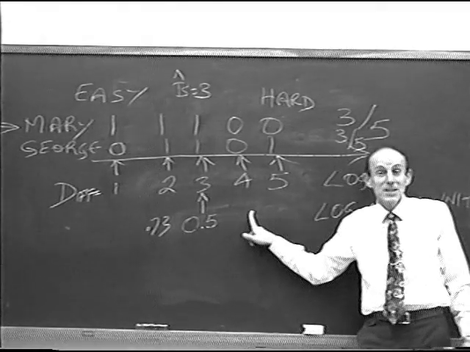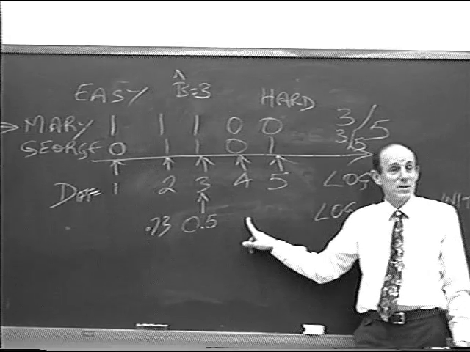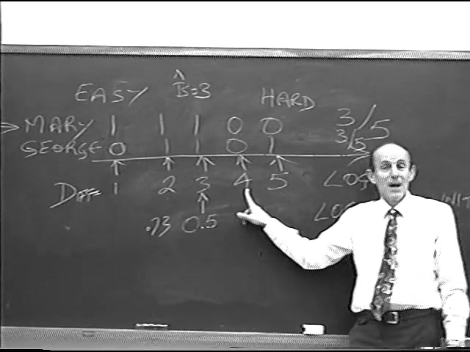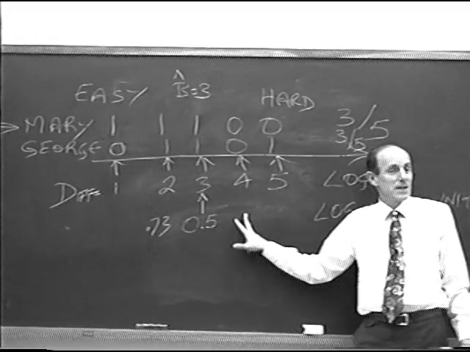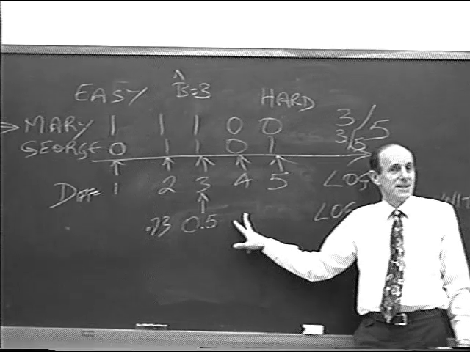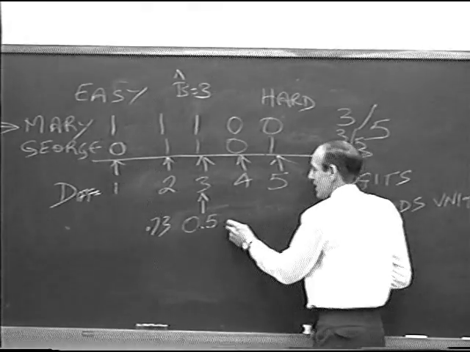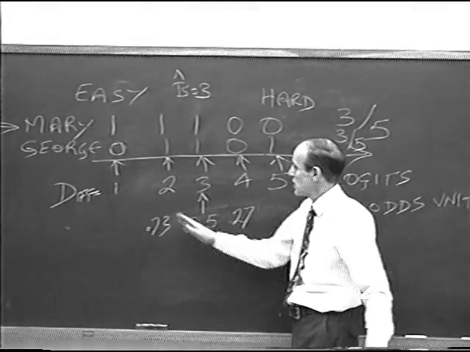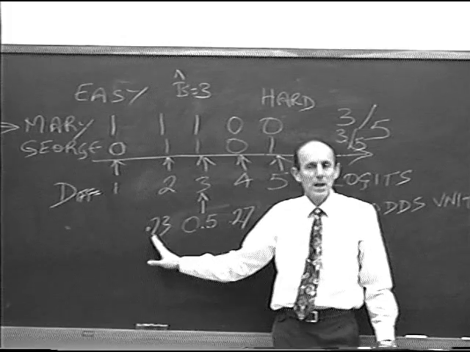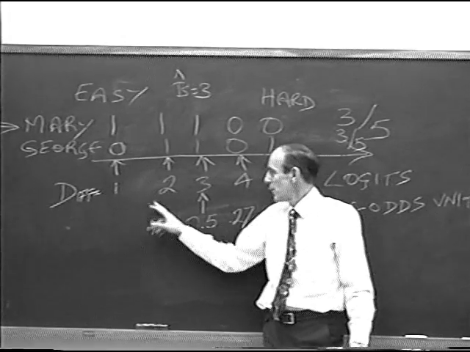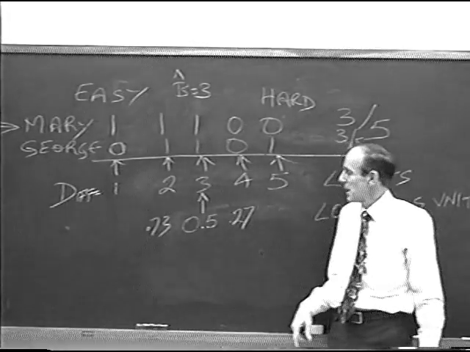Now, on the other hand, this one is harder for her. The one that's at 4 logits is one logit more difficult than she is able. So what's her expected success on this? 0.27. That's right. So you'll notice that she's got about a 3/4 chance of success about a logit below. In fact, to get to 0.75, that would be about 1.1 logits below.